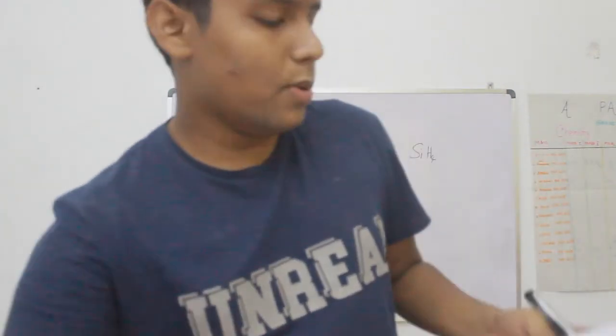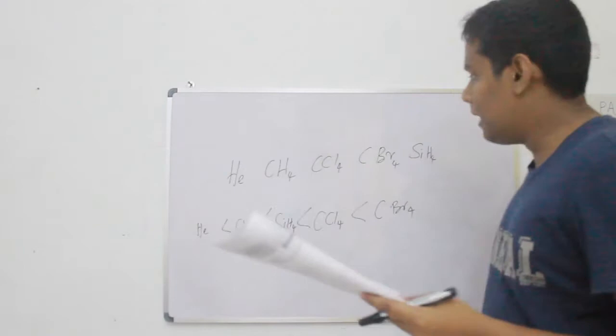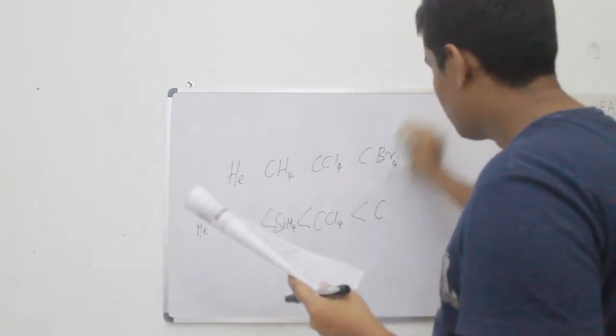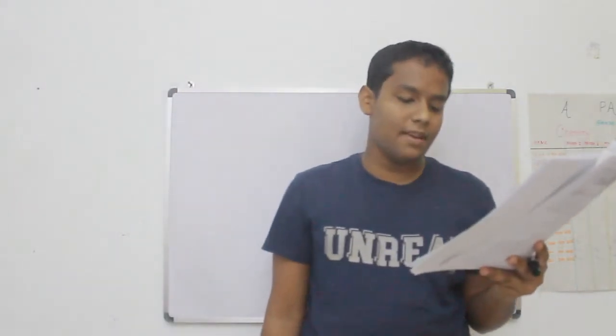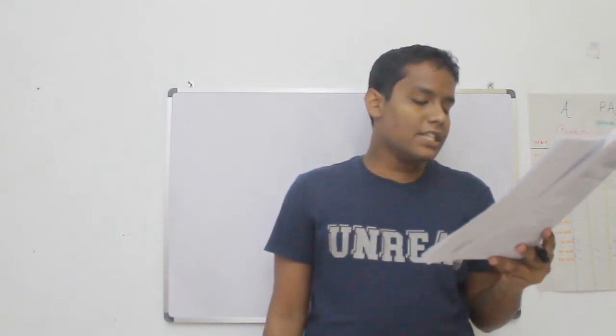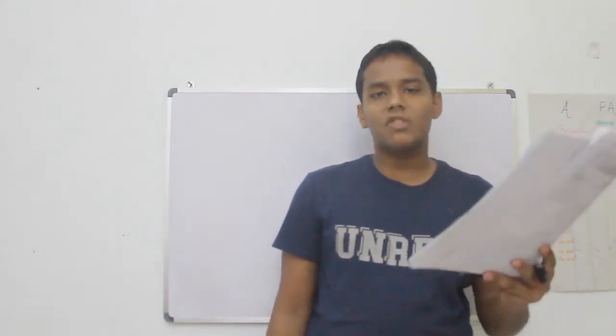Okay. Question number 12. Identify the correct statement from the following. Among the electronic transitions n equal 2 to n equal 1, then n equal 3 to n equal 2, then n equal 4 to n equal 3, in a hydrogen atom, most energy is released.